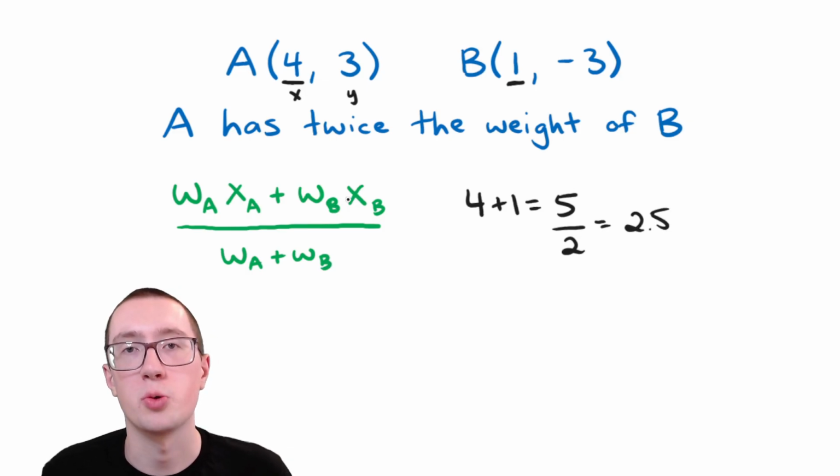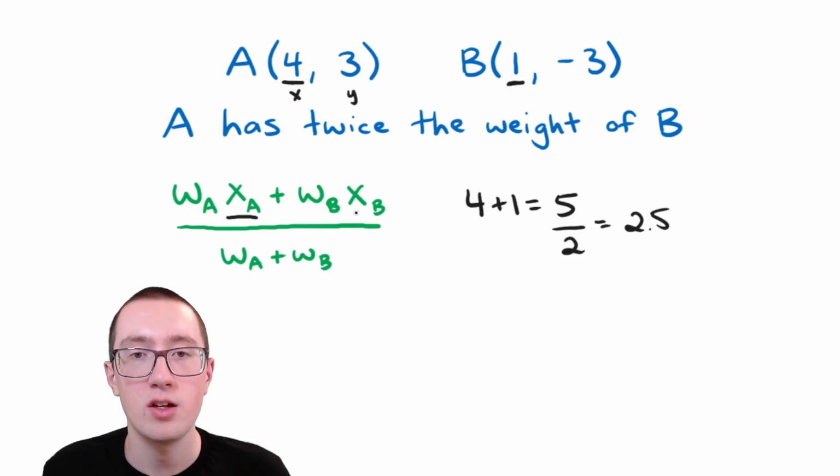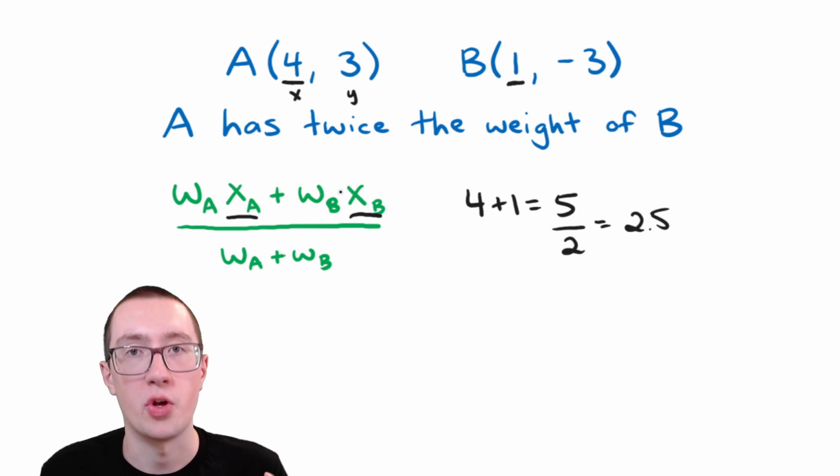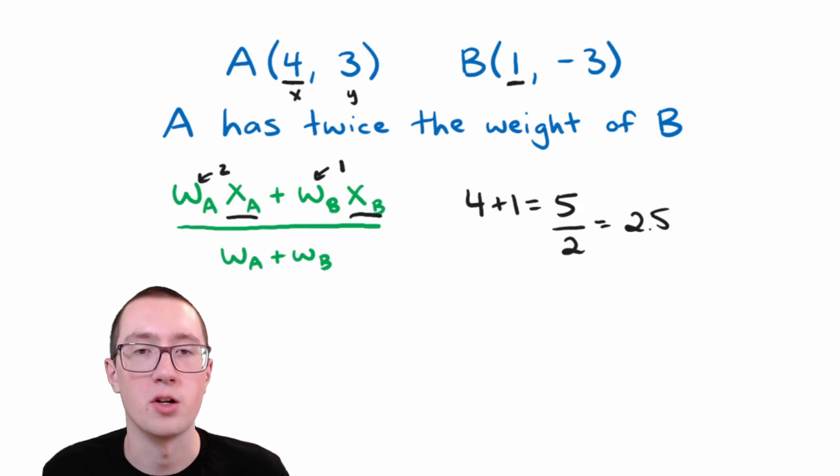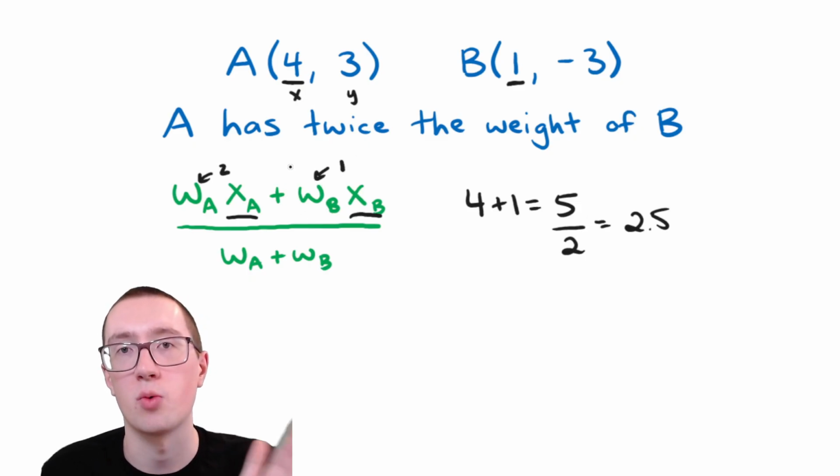For weighted average, we're doing the exact same thing. As you can see, we're adding together the X of A plus the X of B. But the extra part with the weights is we have to multiply them by how heavy they are, by their weight. So in this case, if A has twice the weight of B, then we're going to give A a weight of 2, and we're going to give B a weight of 1. So we just have to multiply them by whatever their weights are.